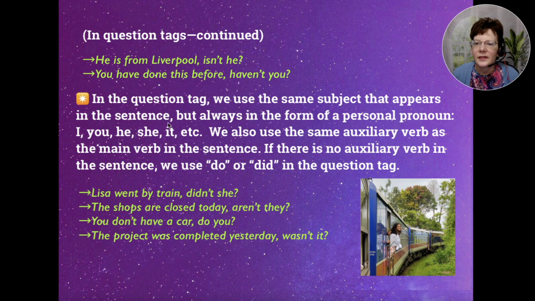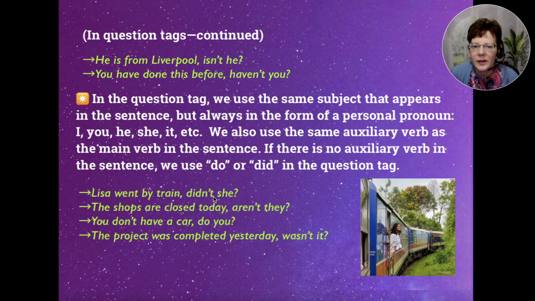Okay, and in the question tag, we use the same subject that appears in the sentence, but always in the form of a personal pronoun: I, you, he, she, it, and so on. We also use the same auxiliary verb as the main verb in the sentence. And of course, if there is no auxiliary verb in the sentence, we would use do or did in the question tag. So, for example, Lisa went by train, didn't she?